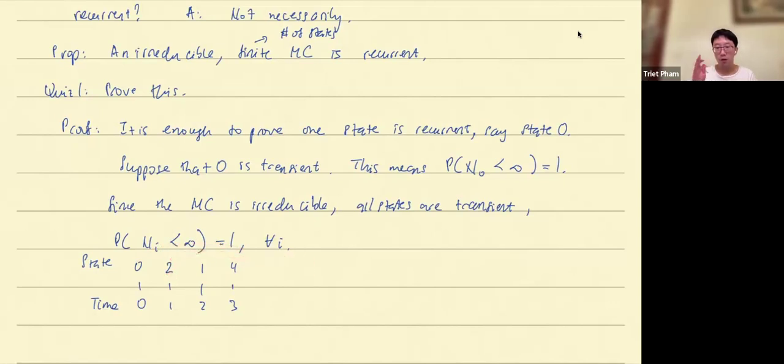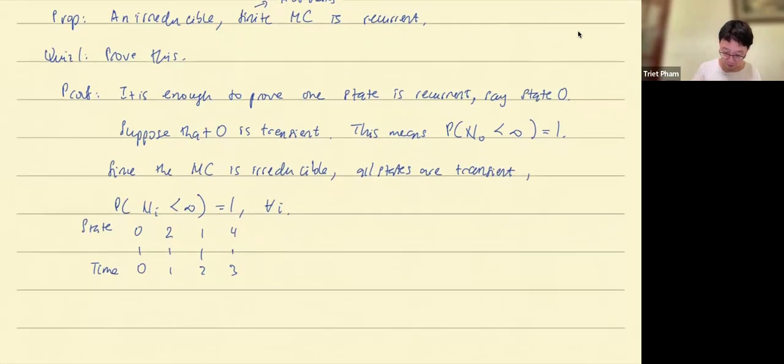The point is, because you only have finitely many states, if you sum up all, where R here is the number of states in the Markov chain.